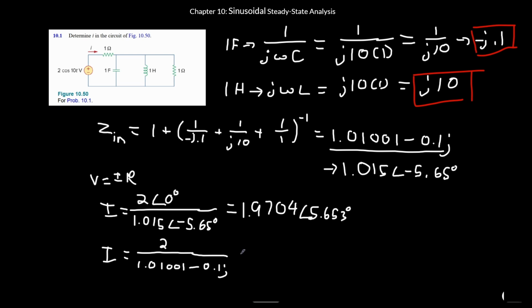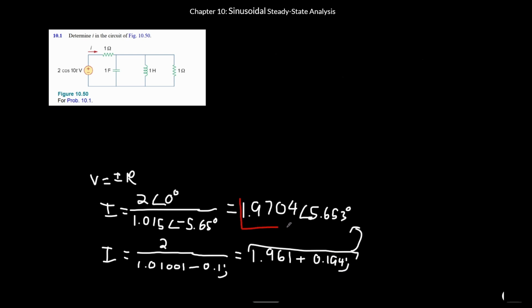Plugging this into our calculator yields 1.961 plus 0.194 J.